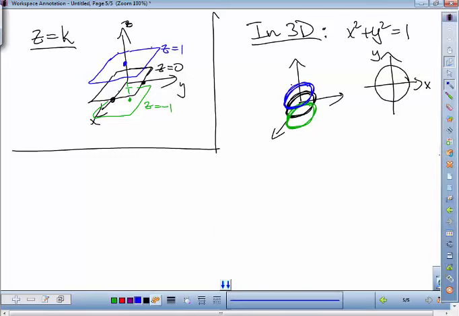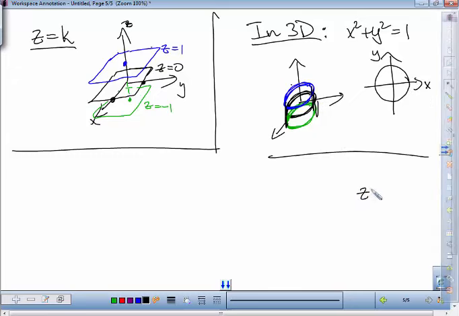What would make it not hollow? You can fill it in. What? No, you would say x squared plus y squared is less than or equal to 1. And now it gets filled in. Because now this is a disk. Right?